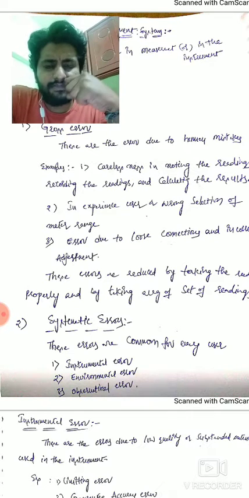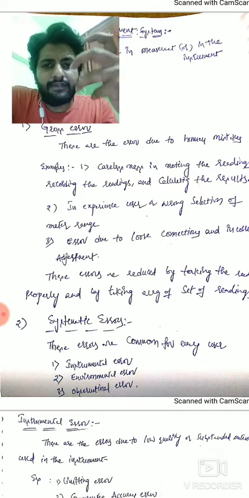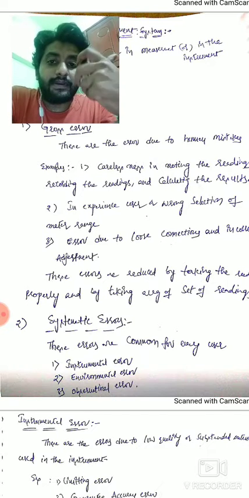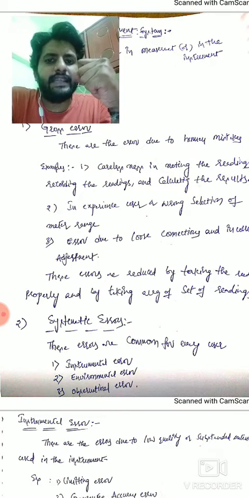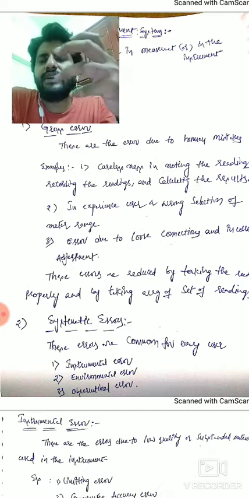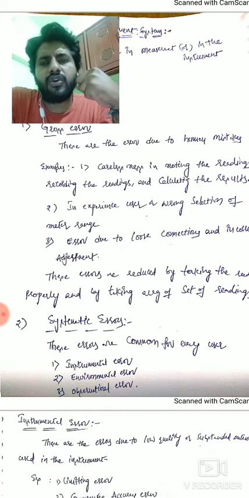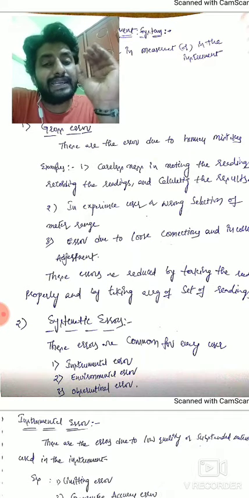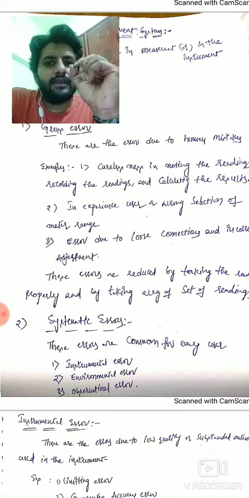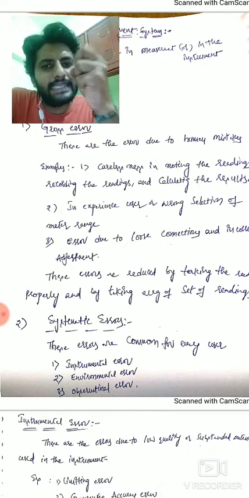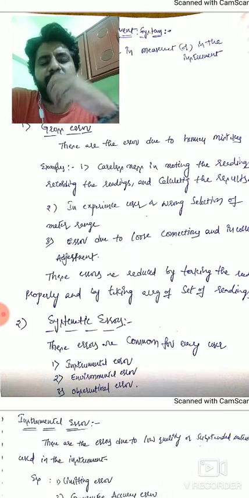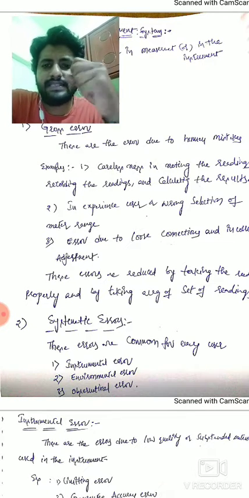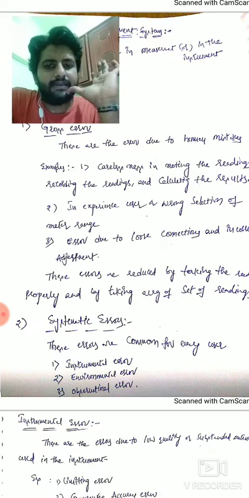If you want to measure something, whoever takes the reading may take a wrong reading, and definitely the result will be wrong. So the first example of gross error is carelessness while taking the readings from the instrument. If you calculate the result from the readings, definitely you will get the error.